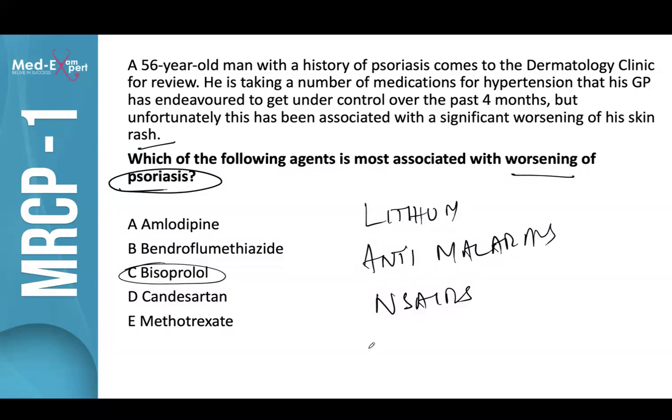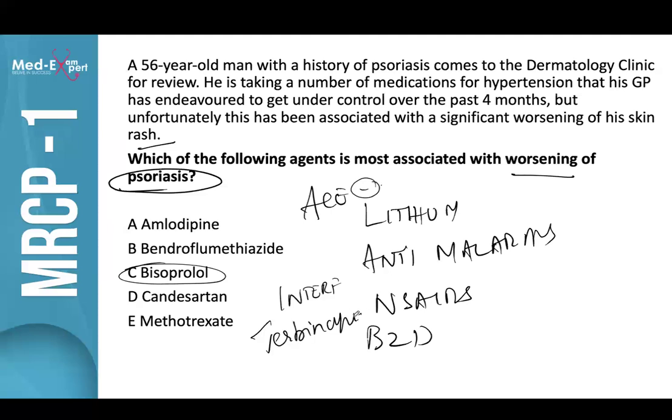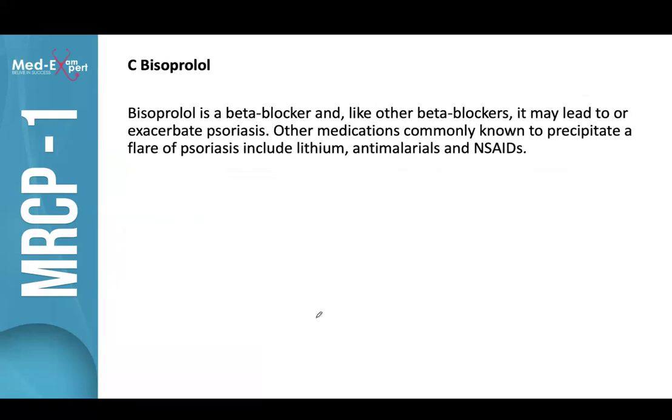Benzodiazepines can do. ACE inhibitors can do. Interferons can do. Terbinafine can do. The list is just huge. You should be able to know what are the drugs that induce psoriasis.